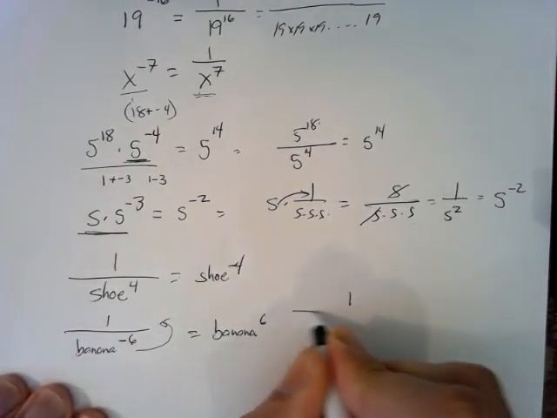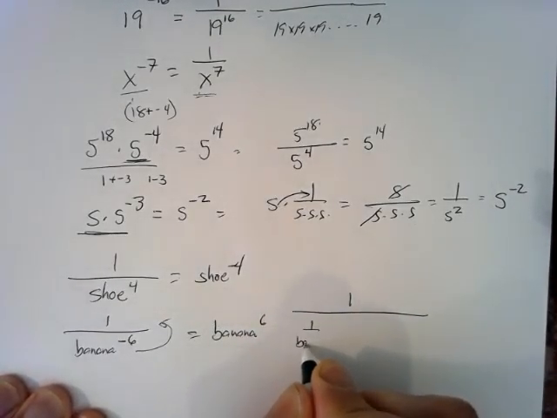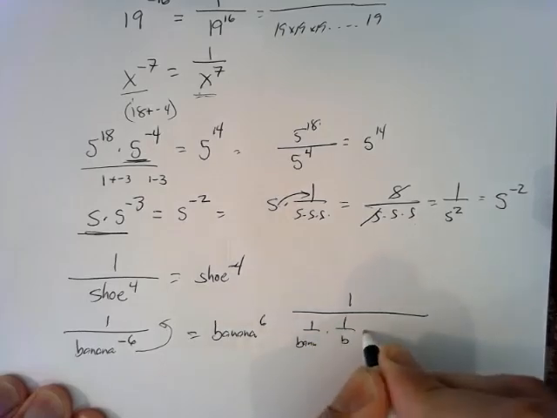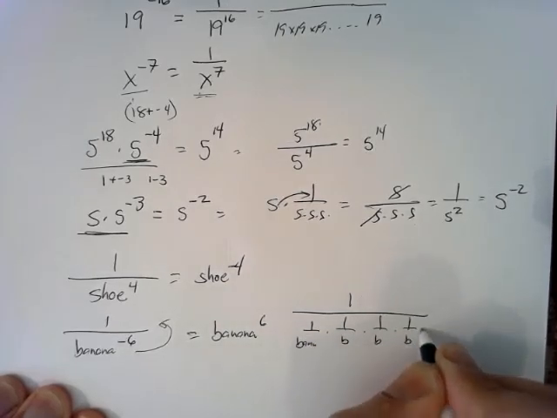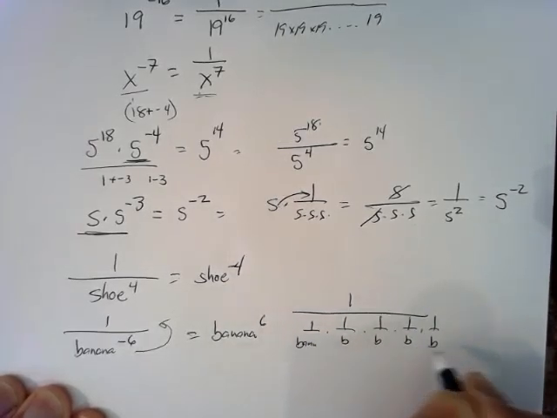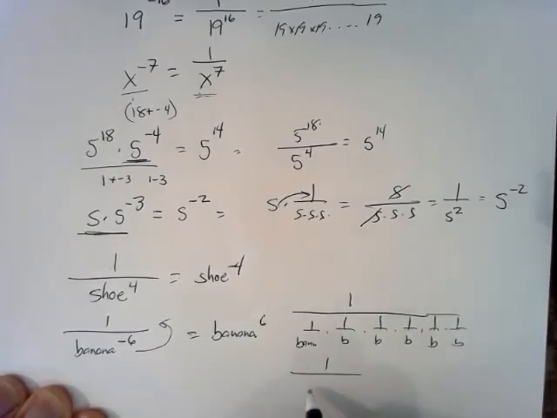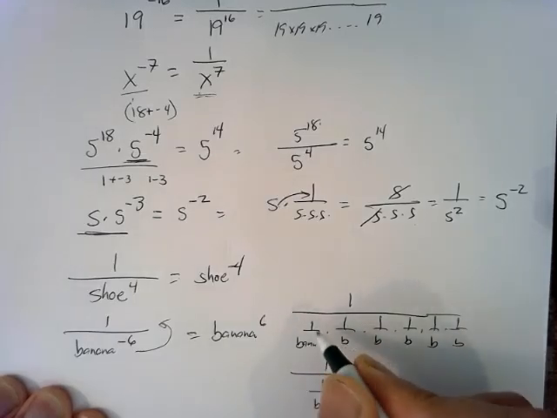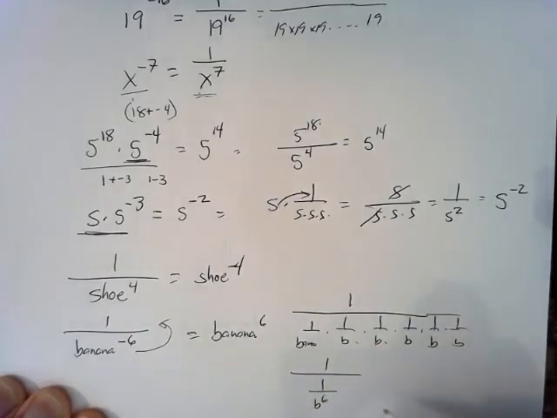And we can see that because what 1 over banana to the negative 6 would really be is 1 over banana times 1 over banana times 1 over banana times 1 over banana times 1 over banana, 1, 2, 3, 4, 5 times 1 over banana, which would be 1 over banana to the positive 6. So we'd have banana, banana, banana, banana in the denominator.